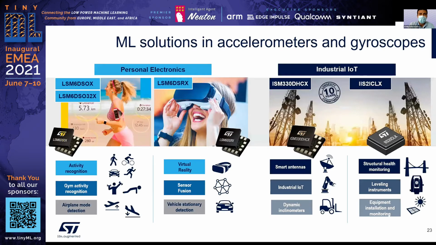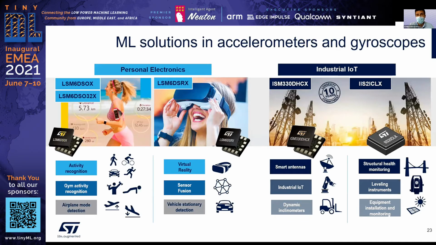Let's see here what kind of sensors are available on the market with this particular feature of embedded machine learning. We have LSM6DSOX and LSM6DSO32X, which are for personal electronics, mainly wearables, smartphones, all these kinds of applications. While the LSM6DSRX has a really good feature in terms of stability, and that's why we suggest it for applications like navigation, sensor fusion, virtual reality.